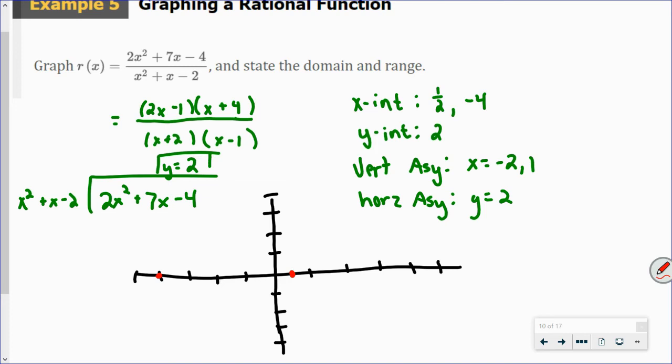So they cross there. A y-intercept at 2, so here. I have vertical asymptotes at negative 2 and 1, so we'll put those in a different color here. And then a horizontal asymptote at 2.